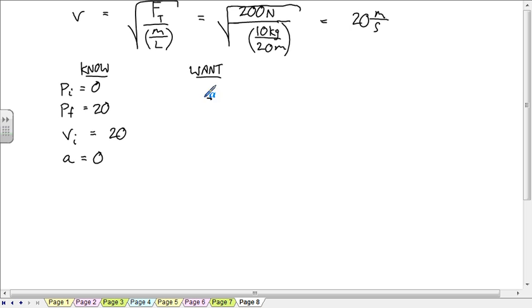We're trying to figure out time final. And so you could set it up as 20 is equal to 0 plus 20 TF plus 0, and TF is equal to 1 second.